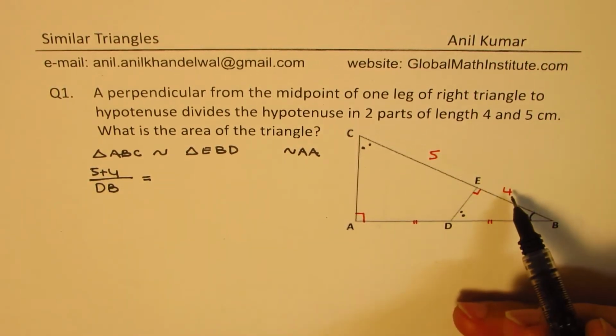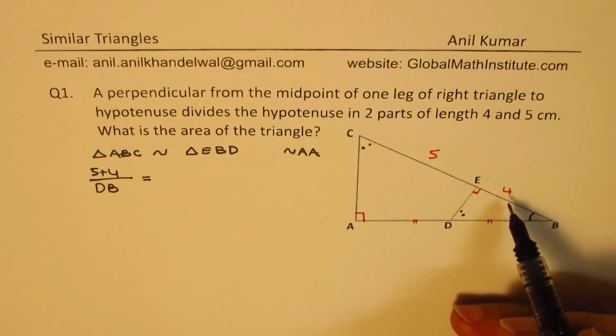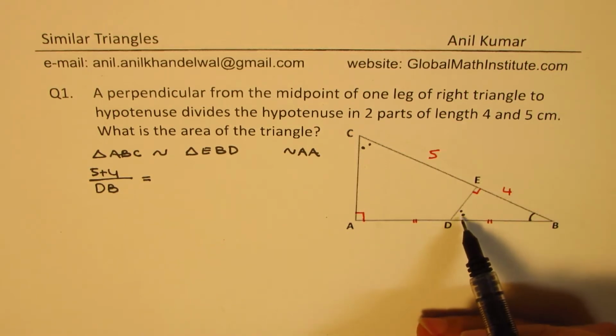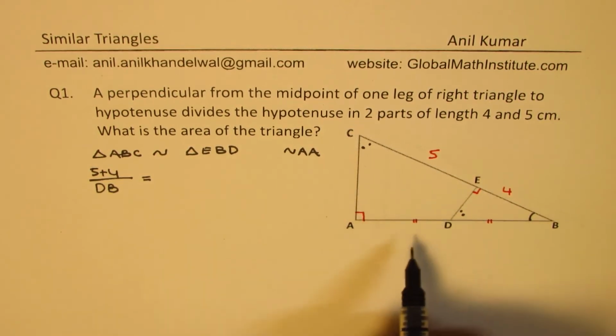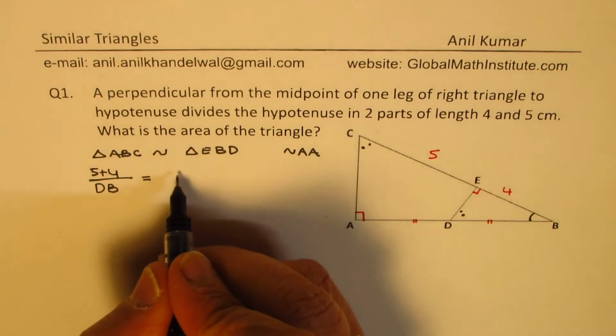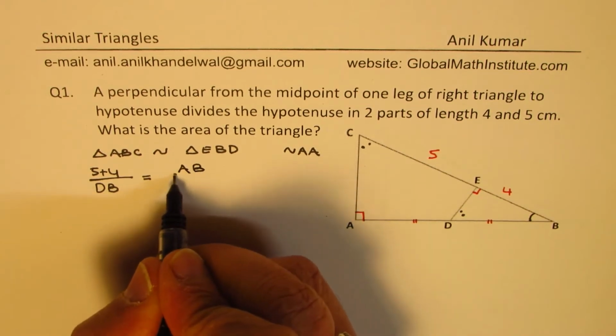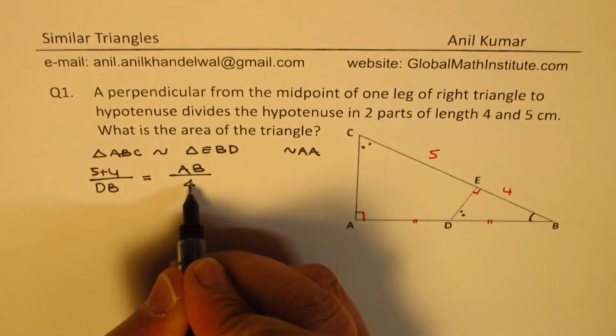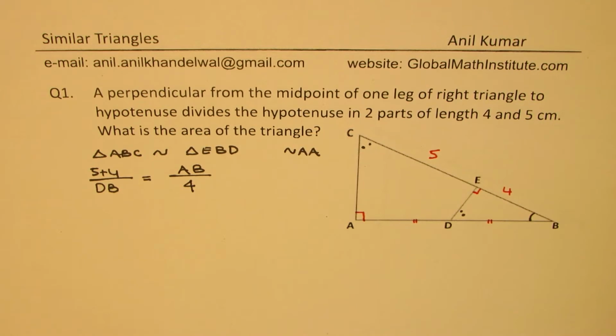We are also given this side. This side in the smaller triangle is opposite to the third equal angle, so that becomes AB over 4. So we get our equation using similar triangles.